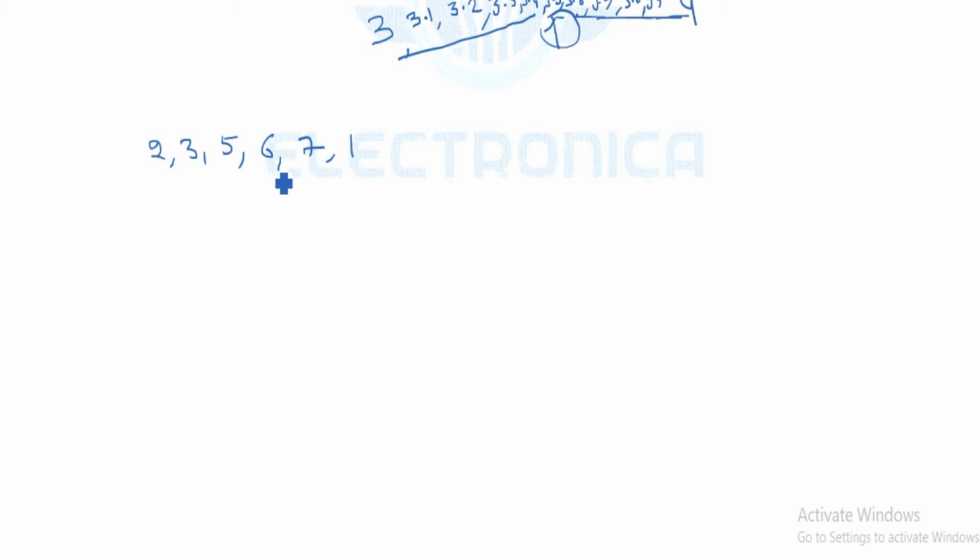In this situation, the question contains random numbers. So whenever random numbers come, the shortcut method doesn't follow. So we have to solve this by using the formula only.